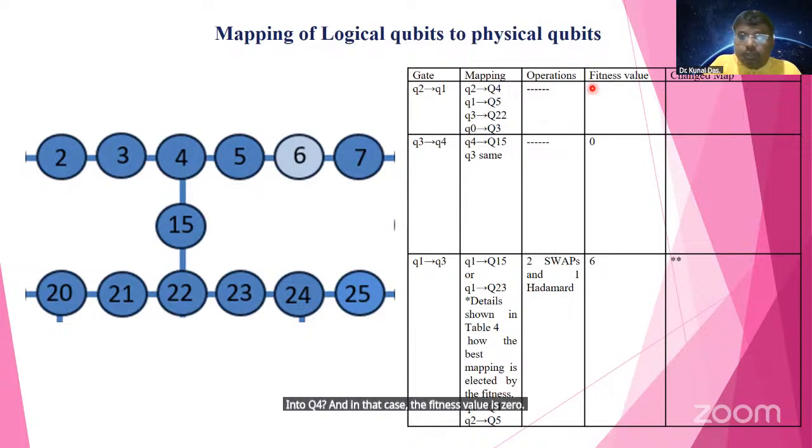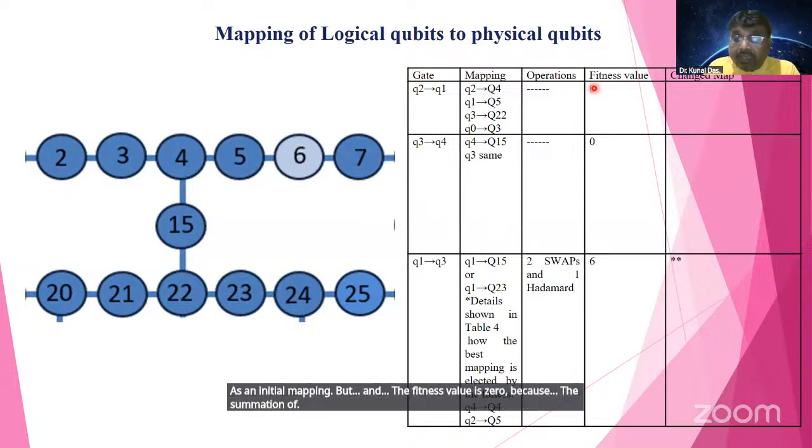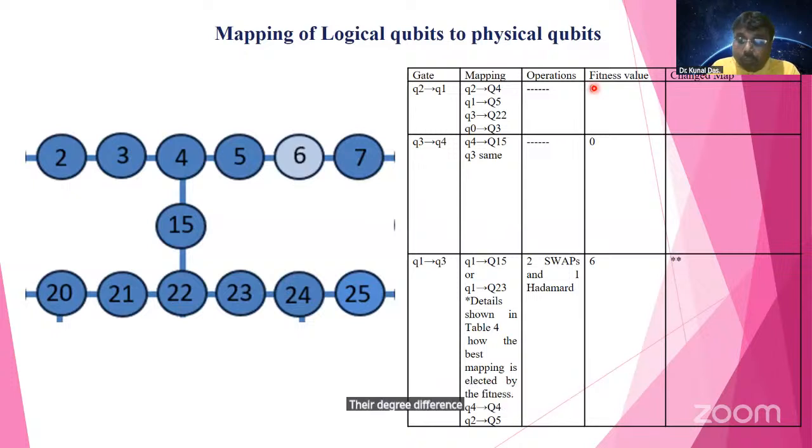Why fitness value 0? Because I mapped this into physical as an initial mapping. Fine. And the fitness value is 0 because the summation of their degree difference is 0 in all possible cases.